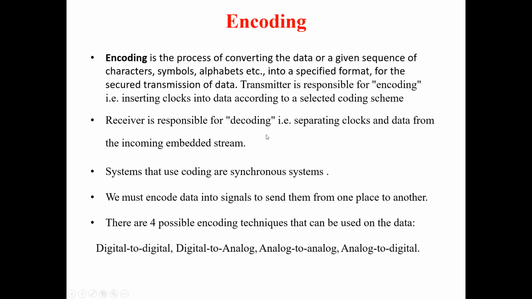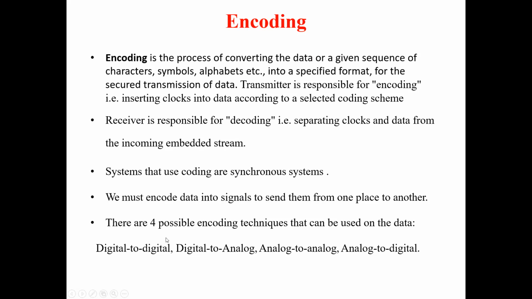He will take the data only for further processing. Systems that use encoding are synchronous systems, and we must encode data into signals to send them from one place to another. That data transmission is important in data communication.